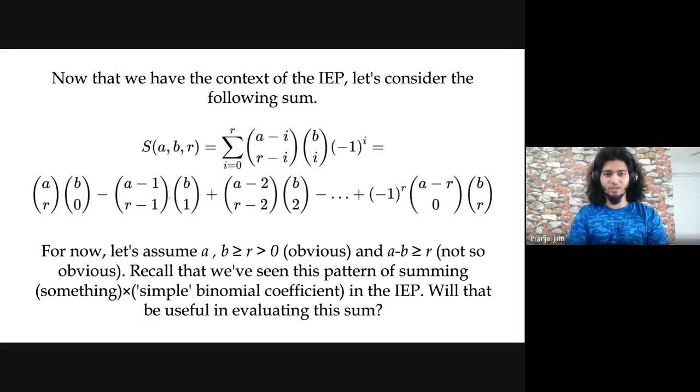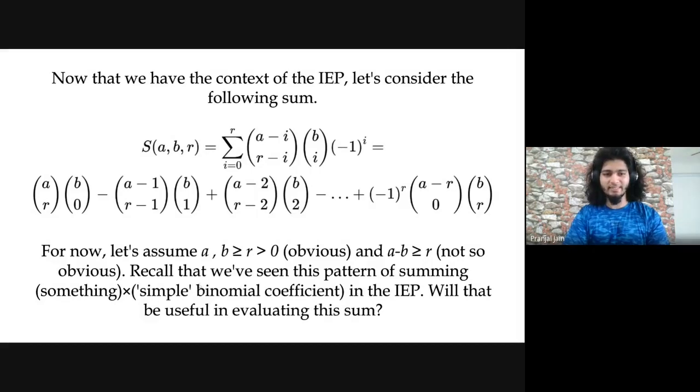If you just look at this sum, you might think there is no reason why we should assume this, because we are never subtracting b from a. So why would you need a minus b greater than or equal to r? You are right. There is no dependence of this sum on this assumption, but we'll be assuming it anyway, and you'll see later on why. But for now, just go with it.